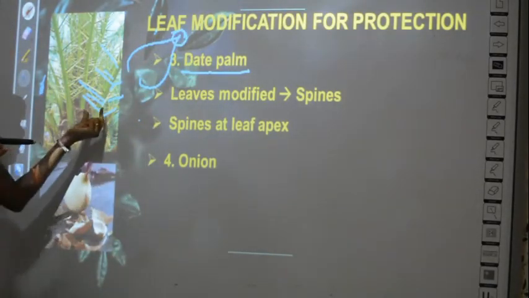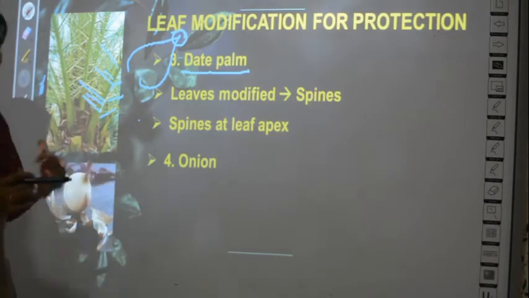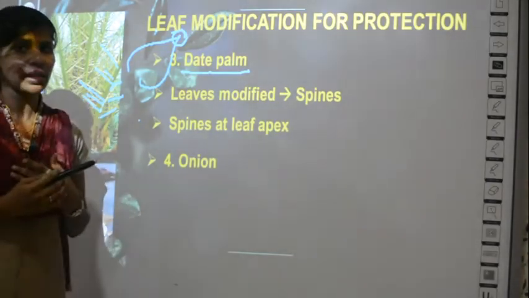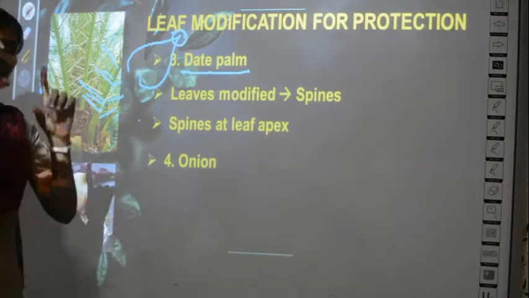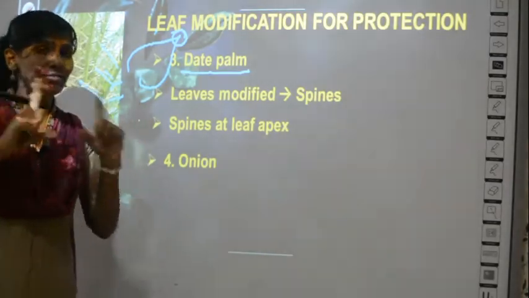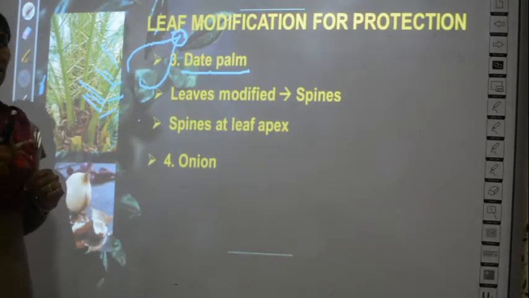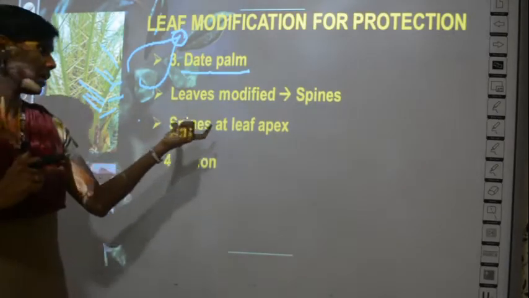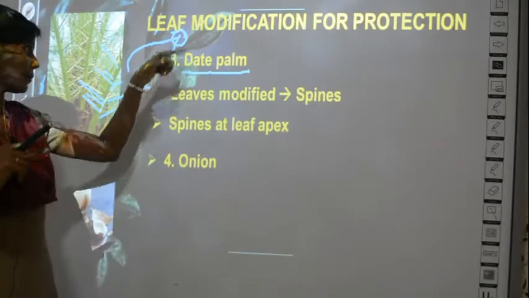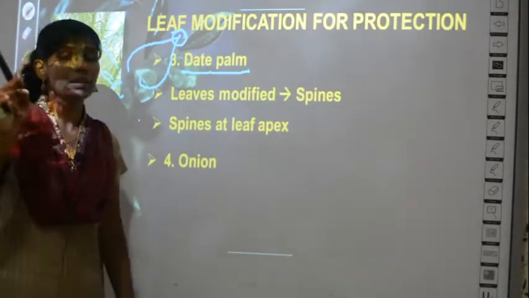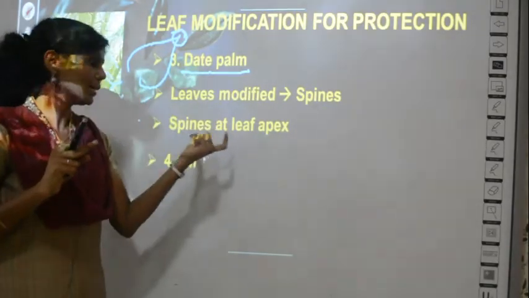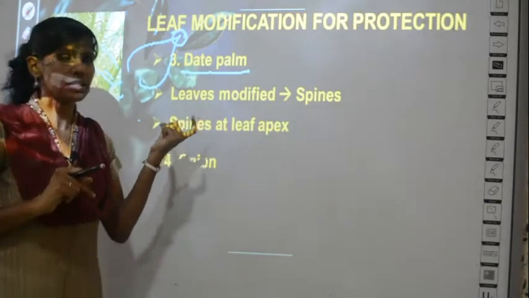So where you can find these spines? In the apex of the leaf. So what we have studied about date palms, in date palms also there is no leaf, instead of leaf there are spines. And these spines are at the leaf apex, where the tip of the leaf is supposed to be. In that place only this kind of spines are present.